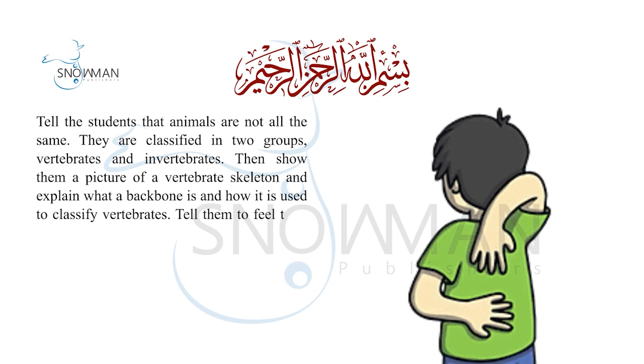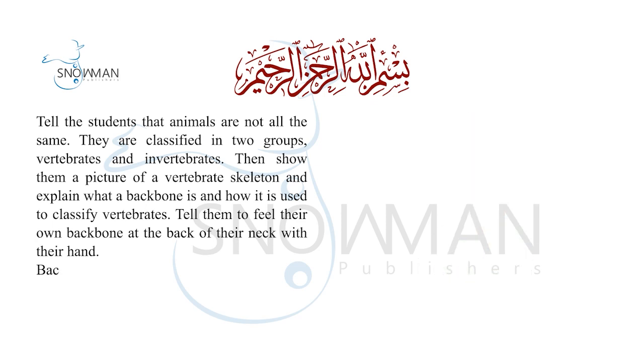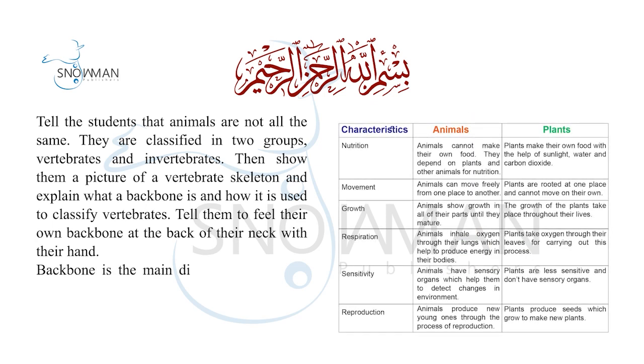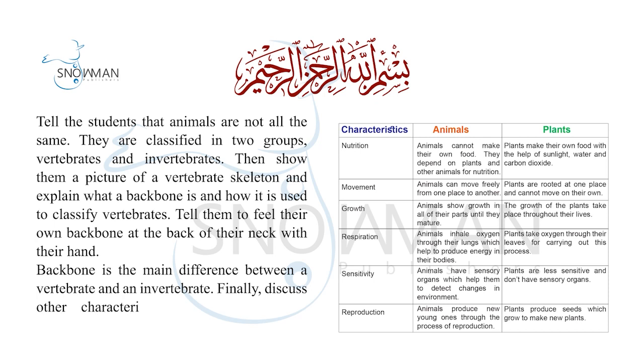Tell them to feel their own backbone at the back of their neck with their hand. Backbone is the main difference between a vertebrate and an invertebrate. Finally, discuss other characteristics of vertebrates and invertebrates with the help of the textbook.